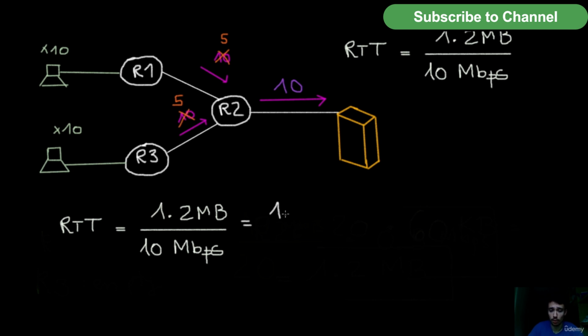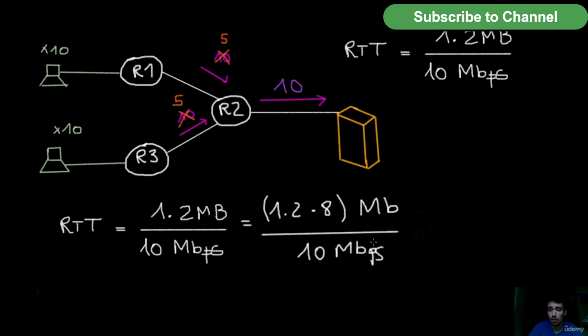So this is 1.2 multiplied by 8, and this is the value in megabits. Here on the denominator we have 10 megabits per second. We can simplify the prefix mega, which is 10 raised to 6, in both numerator and denominator.